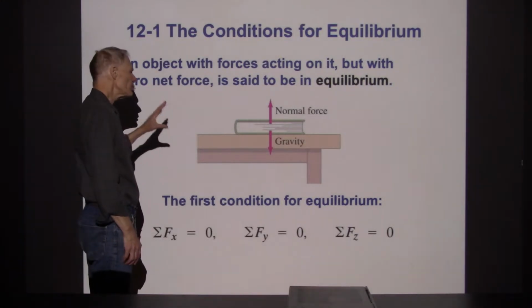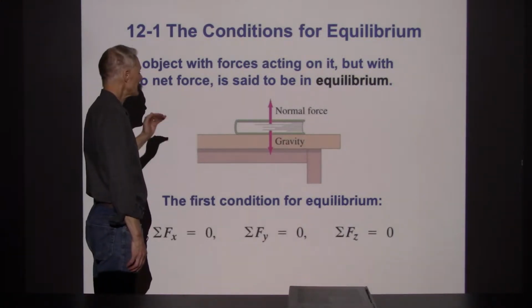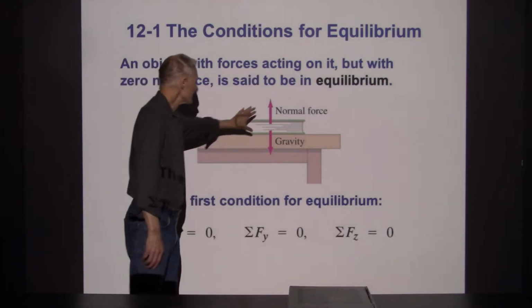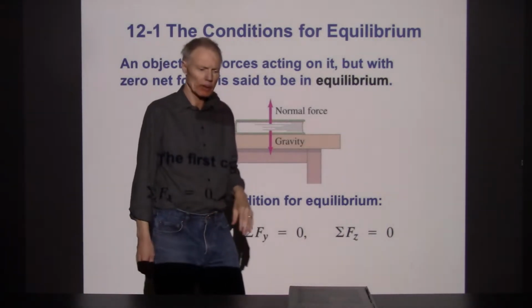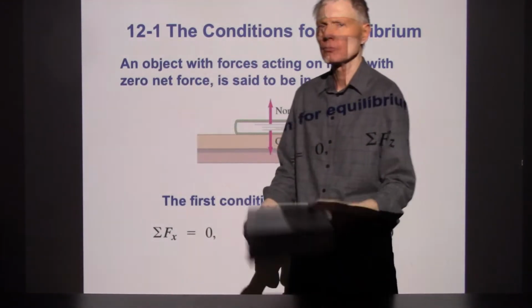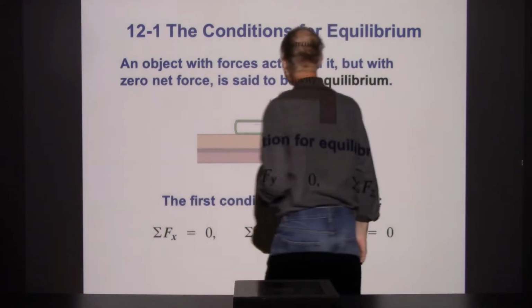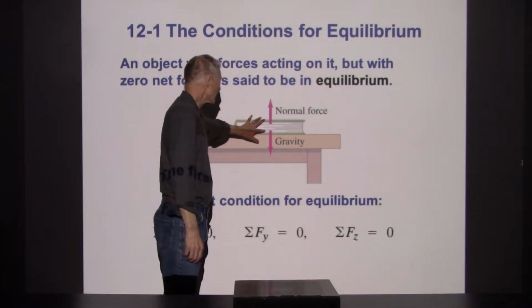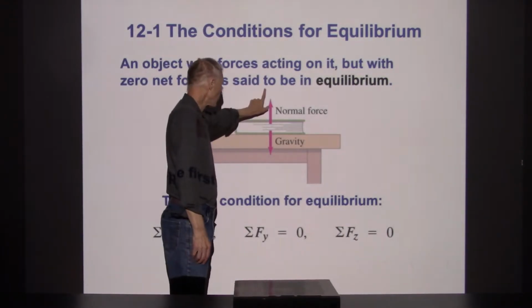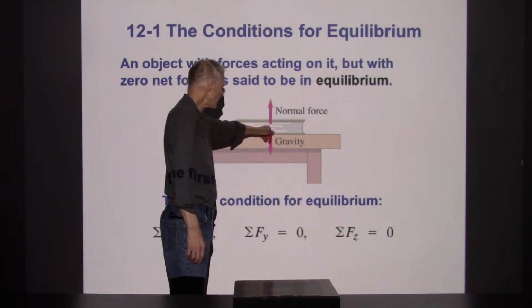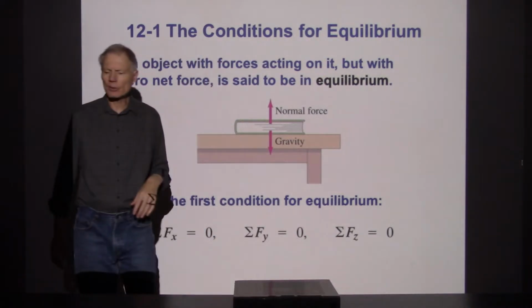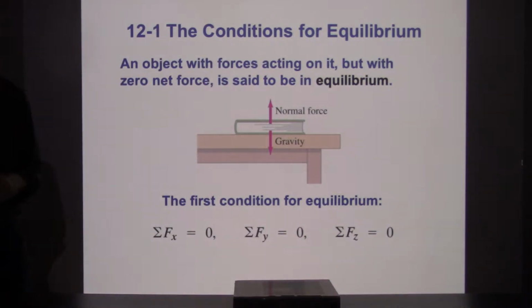So we're used to static equilibrium at some level. Here's a textbook, it's sitting on a table. If we analyze the textbook, there's a normal force, there's a gravitational force, and what we have found is that the normal force will balance the gravitational force, and there's no net force, and so the object doesn't accelerate.